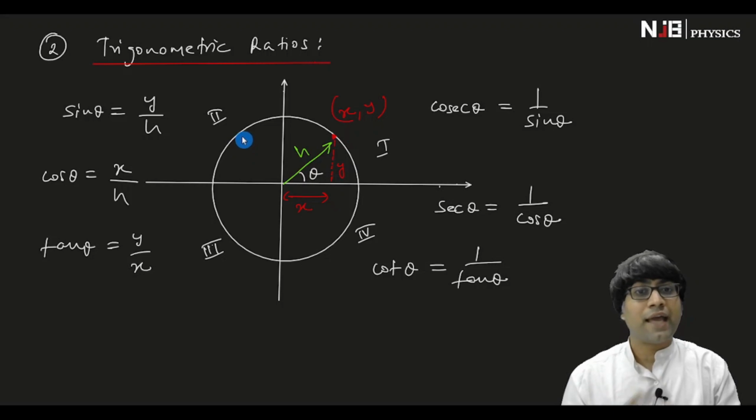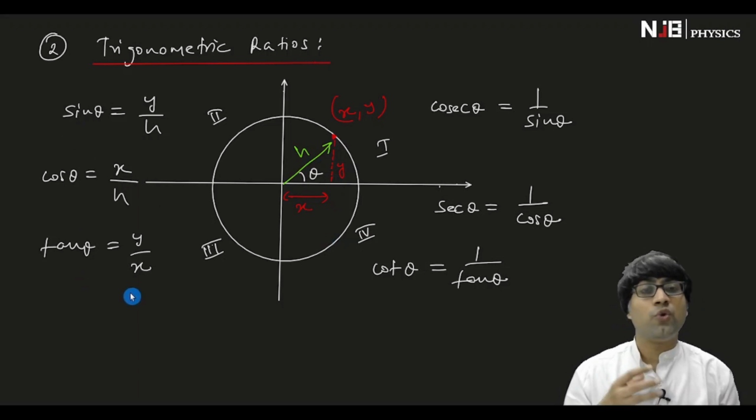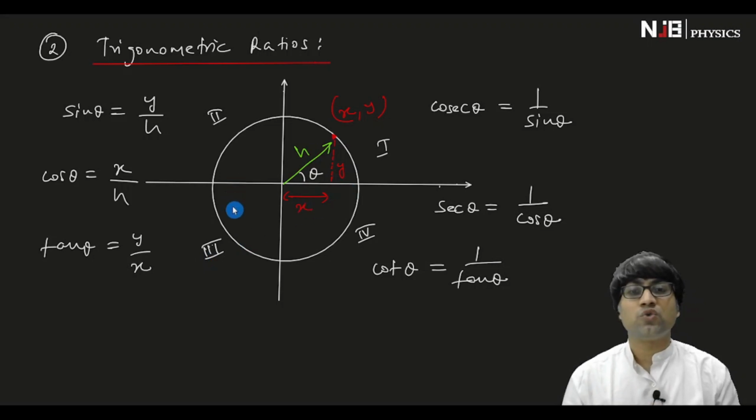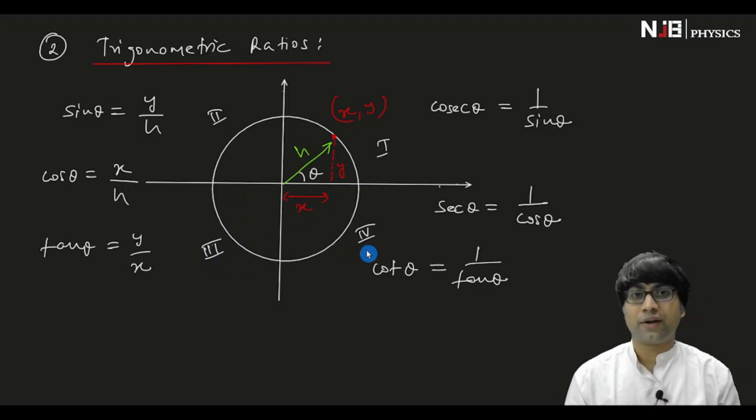In the second quadrant, x is negative and y is positive. In the third quadrant, x is negative and y is also negative. And in the fourth quadrant, x is positive and y is negative. So depending upon the signs of x and y, these trigonometric ratios are positive or negative, depending upon whether the angle theta lies in the first, second, third, or fourth quadrant.